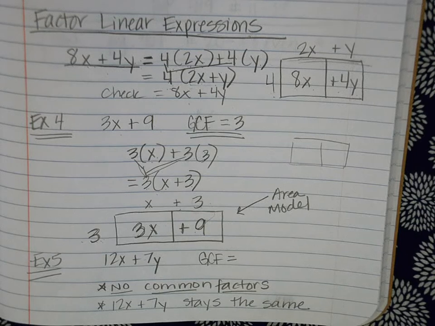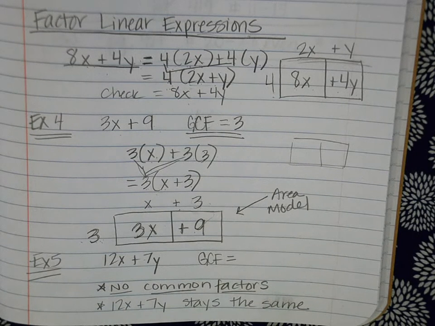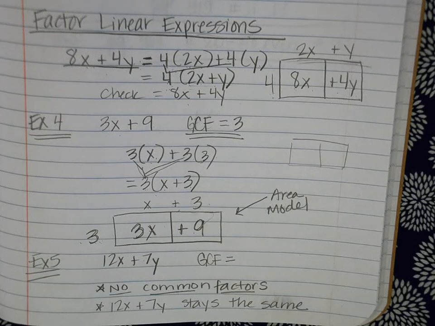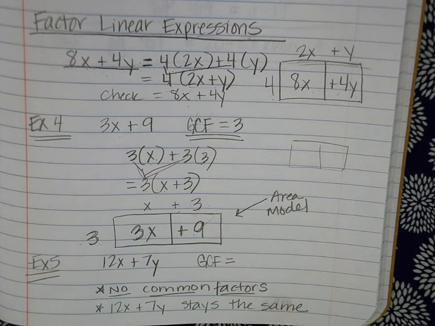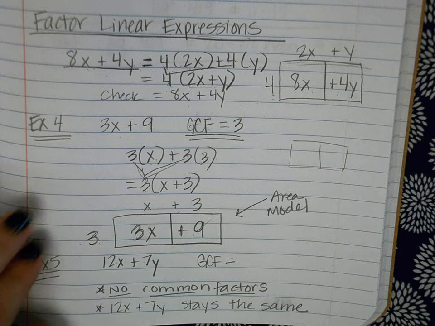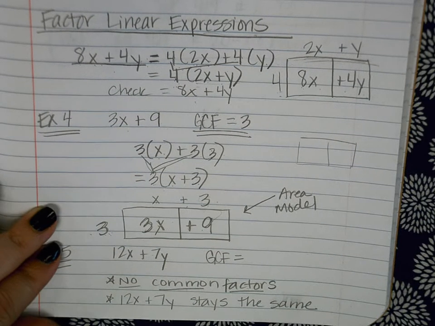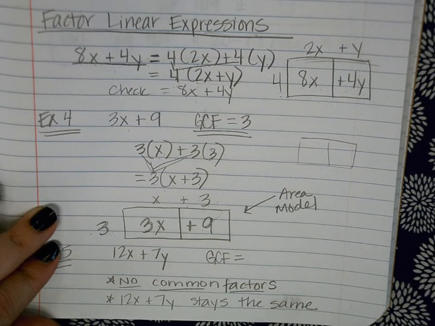So if you get one like that, you just write no common factors. A lot of you like when you get ones like that because you're like, whoo, I'm done. Right? No extra work. All right. No common factors. We got it?